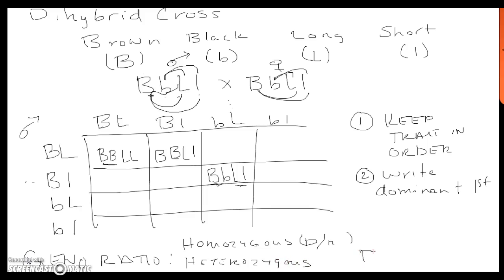But when you're doing the phenotypic ratio, you're going to use things like long, short, brown, or black. So you're actually describing what the organism looks like.